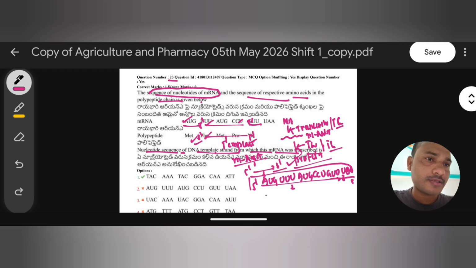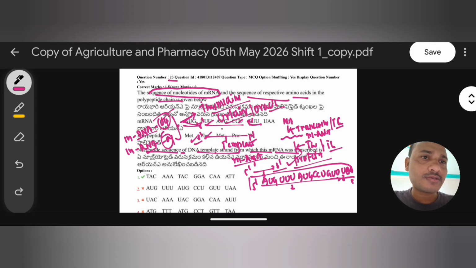Generally, you need to remember two important concepts. In DNA we have 4 nucleotides, and in RNA also we have 4 nucleotides. The major difference between DNA and RNA nucleotides is that DNA has thymine, but RNA has uracil. Also remember, as per Chargaff's rule, purines always pair with pyrimidines only.